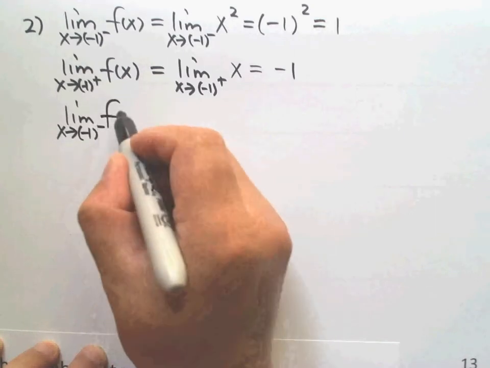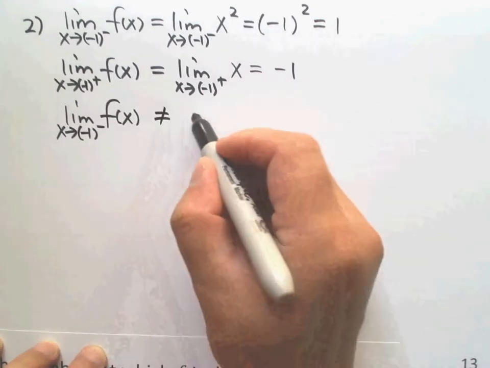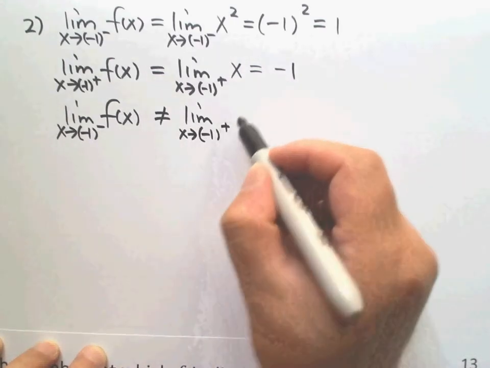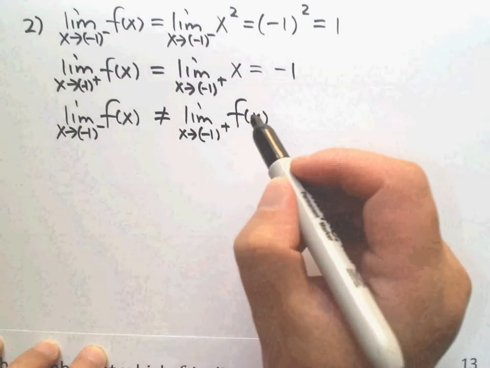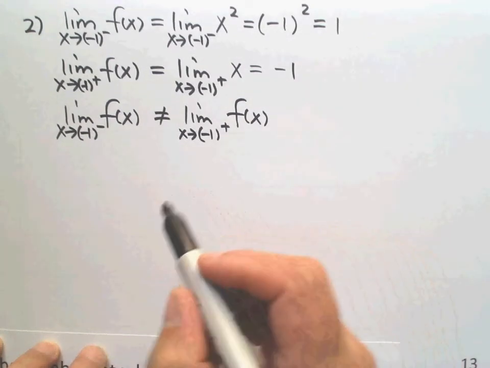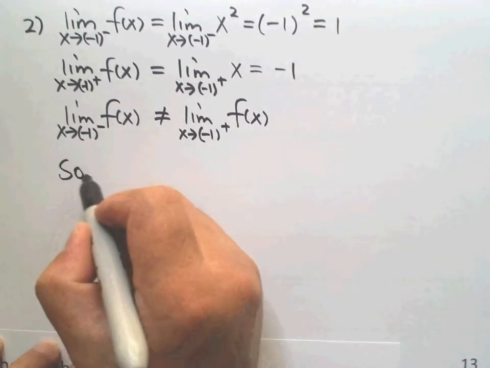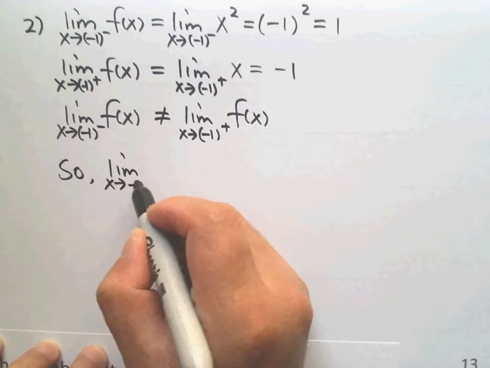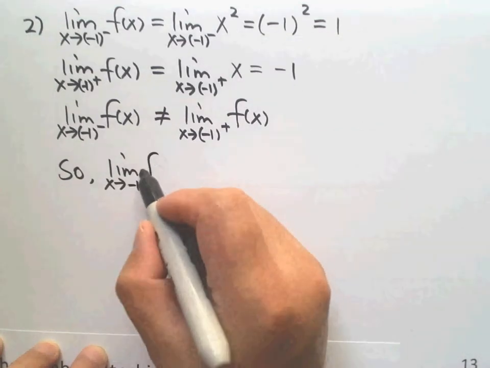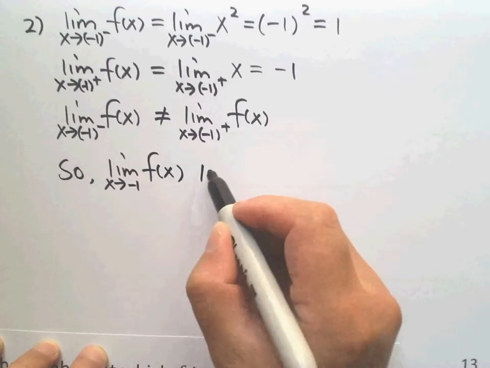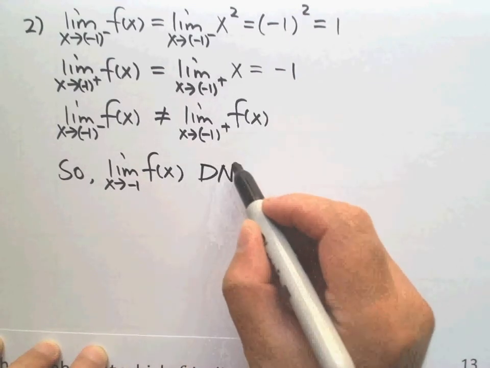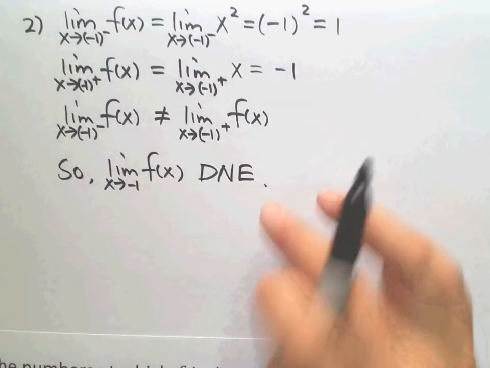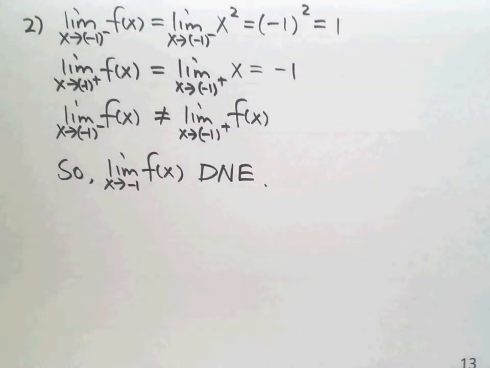We say the left-handed limit does not equal the right-handed limit. So the limit does not exist, right? So we have this: the limit as x approaches -1 of f(x) does not exist.